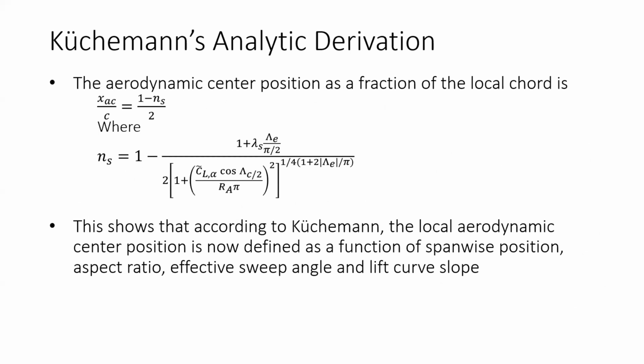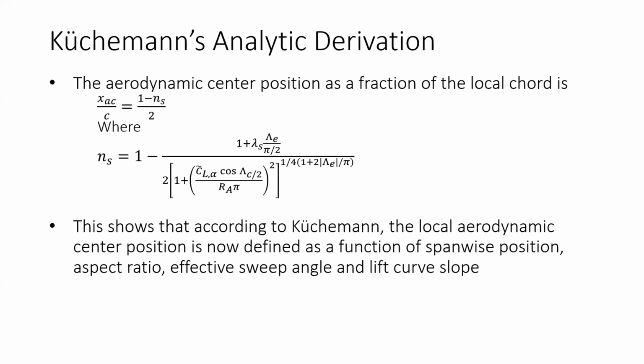And then this is his solution for the aerodynamic center position as a function of the span-wise position. Again, don't pay too much attention to this big equation. The point I want to make is that his solution is dependent on span-wise position, aspect ratio, lift curve slope, and that effective sweep angle that he came up with.